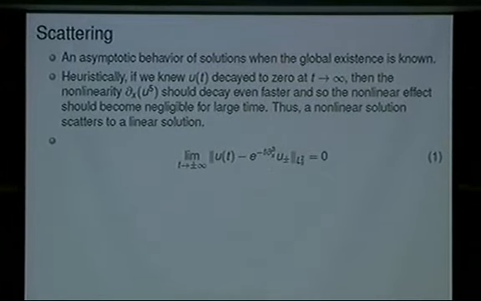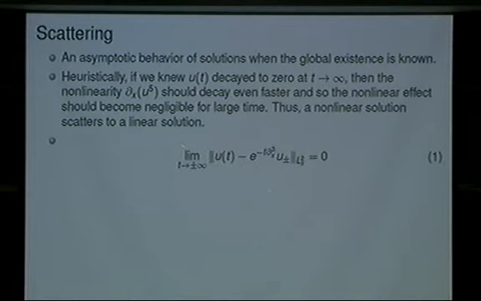Here, u plus or u minus is referred to as the asymptotic state. So when t goes to infinity, the nonlinear solution converges to some linear solution. And one main property about scattering is that because the infinity norm of the linear solution converges to 0, the nonlinear solution also converges to 0.